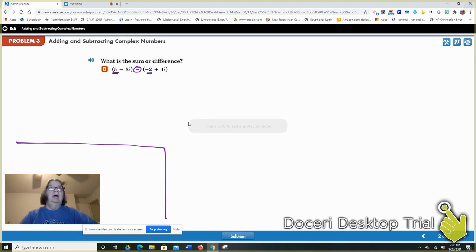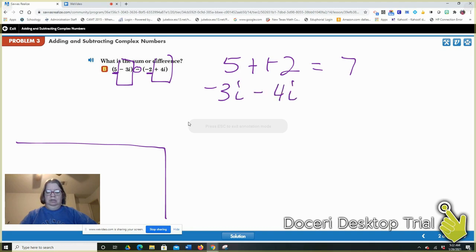Okay, so I have 5 minus negative 2, which is 7. And then I have negative 3i minus 4i. Negative 3 minus 4 equals negative 7. So my answer is 7 minus 7i.